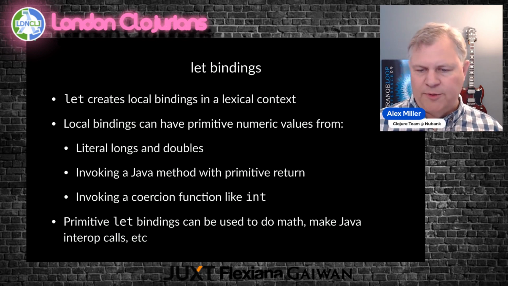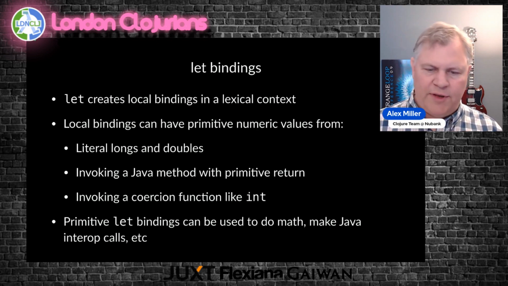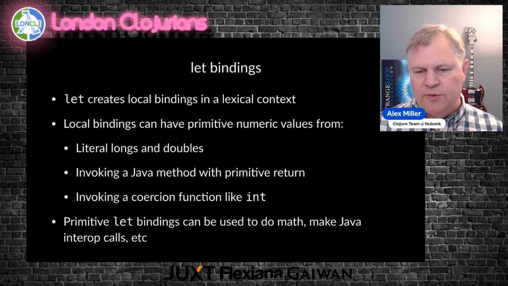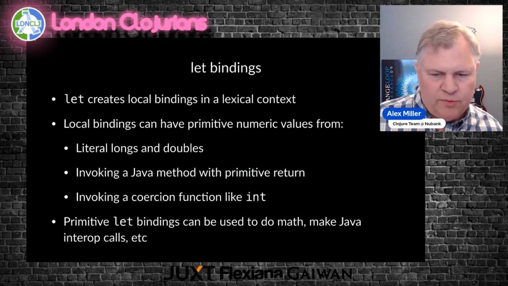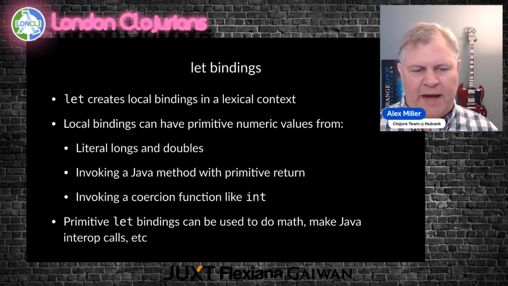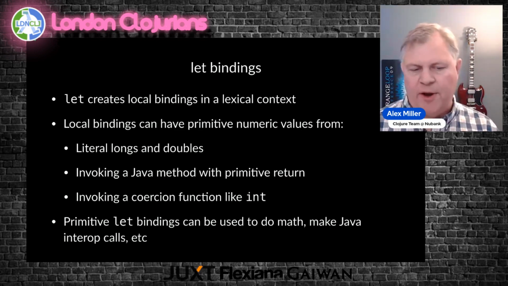And Clojure will respect that and understand that you're getting back a primitive type. So at the point where we use those values, if they are primitive values, we'll make use of those directly without boxing and unboxing them. So generally, you're going to want to use let bindings to make things into the right primitive types and then make Java interop calls or Clojure function calls or whatever you need to do.